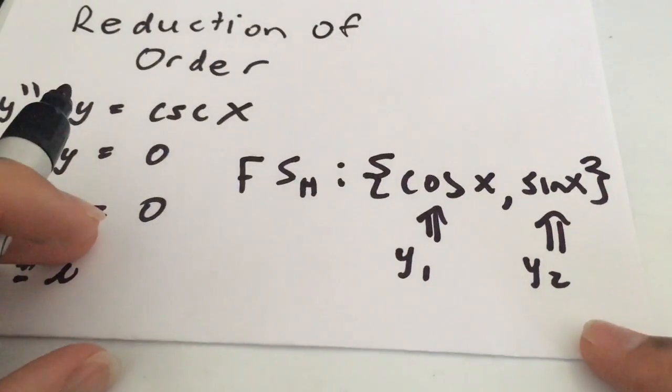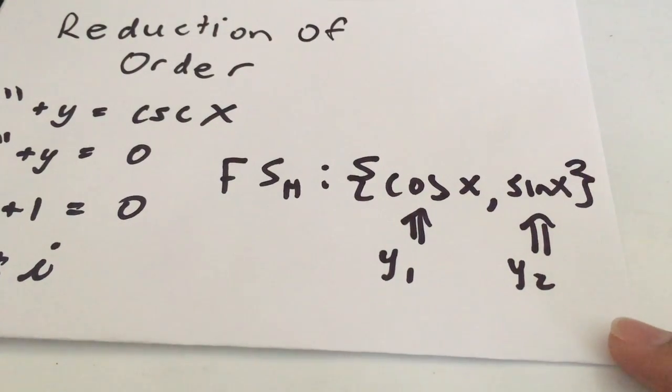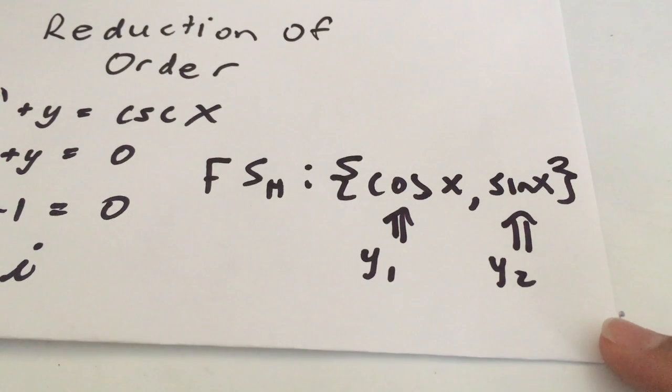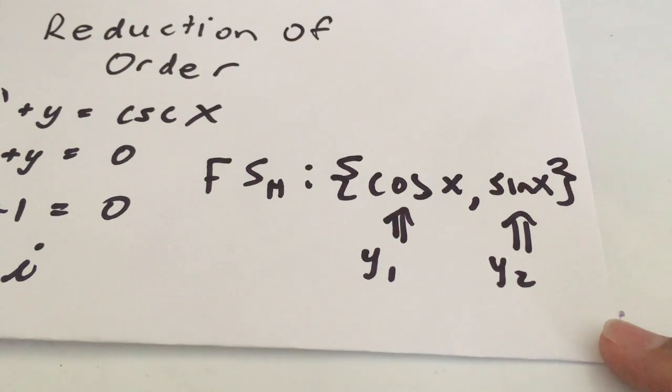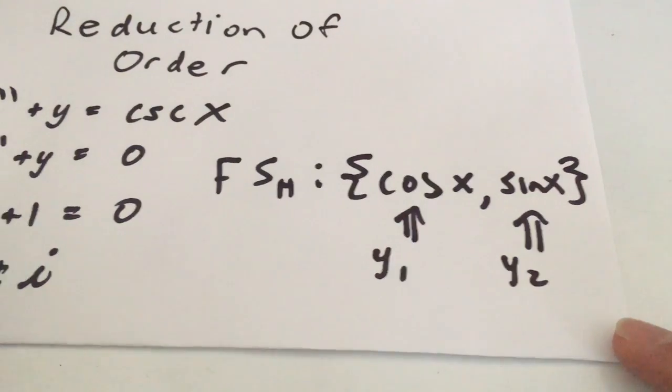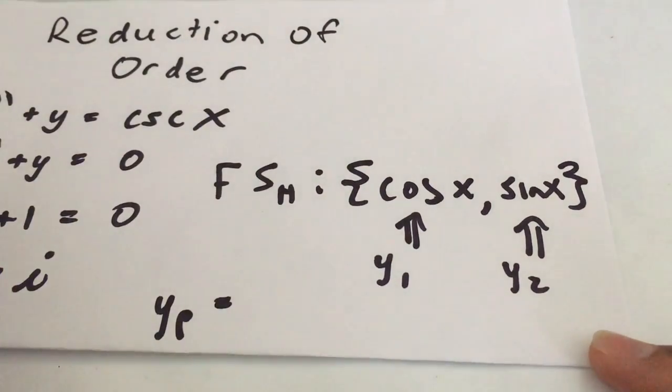Now this is important for the reduction of order because we need a y1 or a y2, and we will use that to find our yp in this case, since it's a non-homogeneous version of a differential equation. And so by solving for yp, we could say yp equals either y1 or y2.